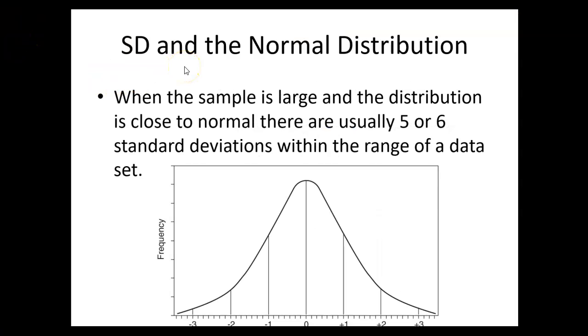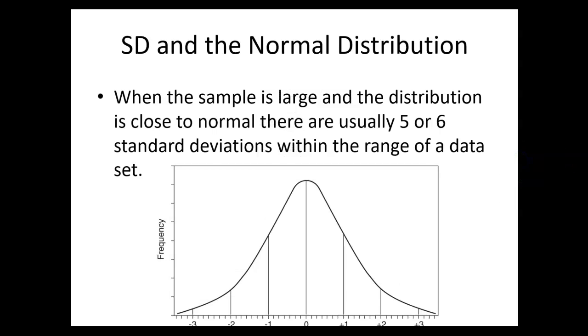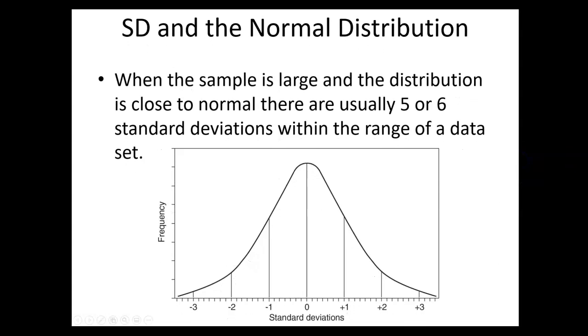So we'll talk about standard deviation and then also the normal distribution. So when the sample is large and the distribution is close to normal, there's usually about 5 or 6 standard deviations within a range of a data set.